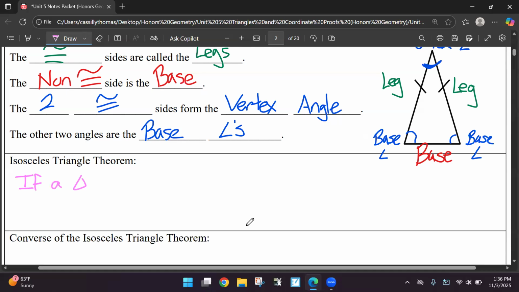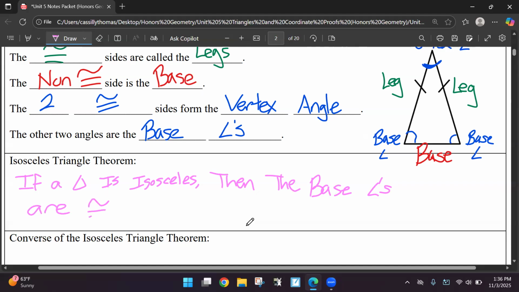If a triangle is isosceles, then the base angles are congruent.